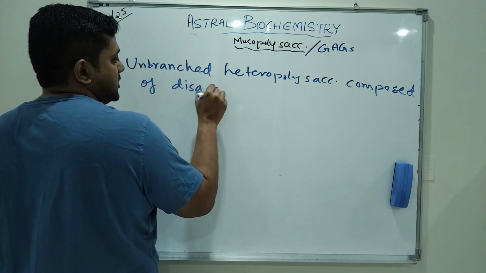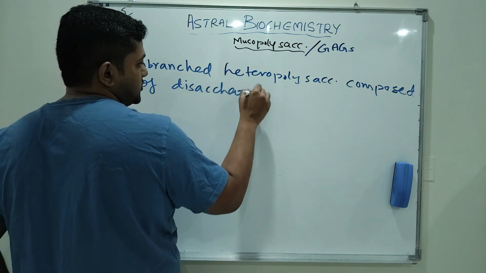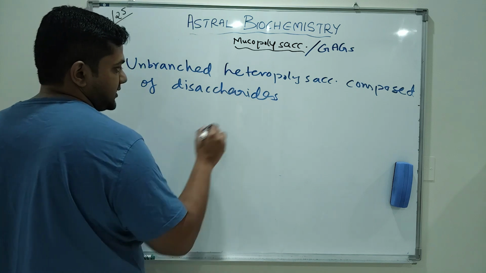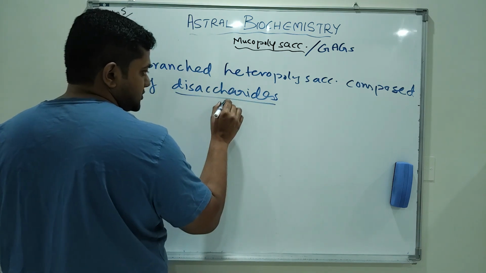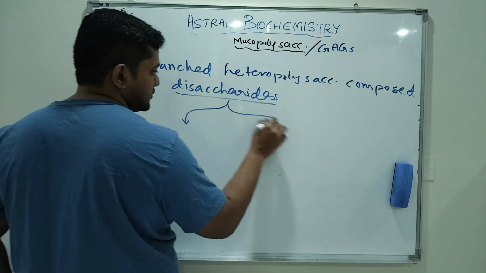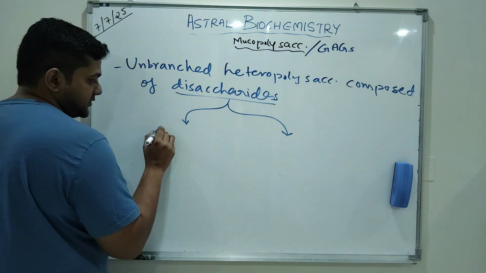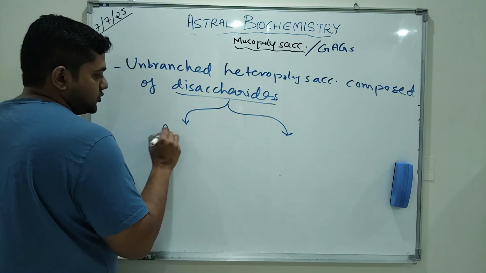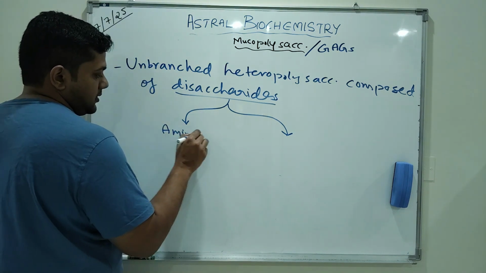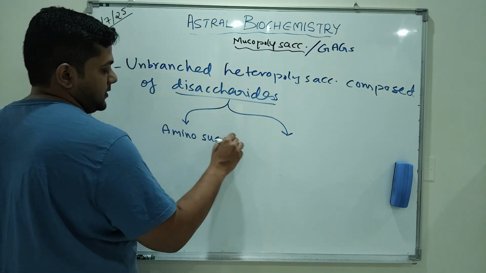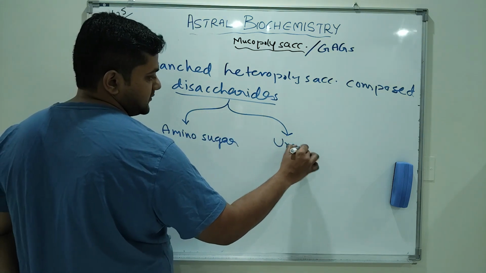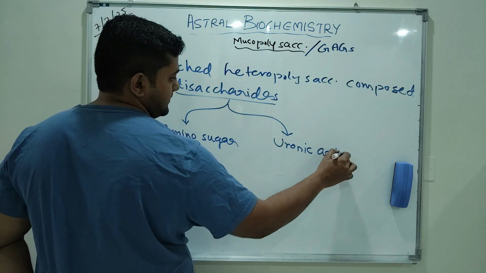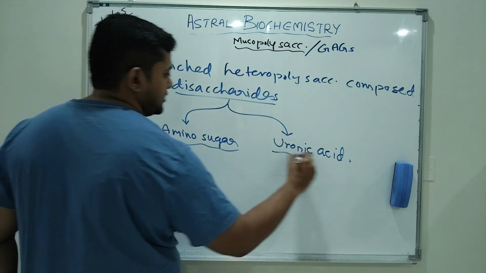Now what are these disaccharides, the two units? Disaccharide means two units should be there. What is the first unit? It is an amino sugar. The other unit is a uronic acid. Amino sugar and uronic acid.